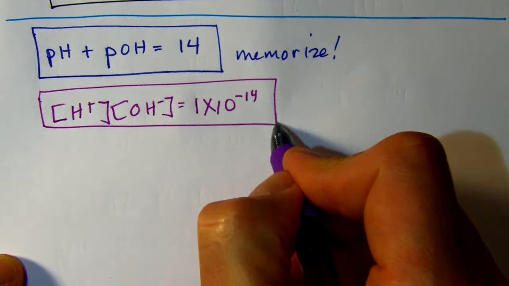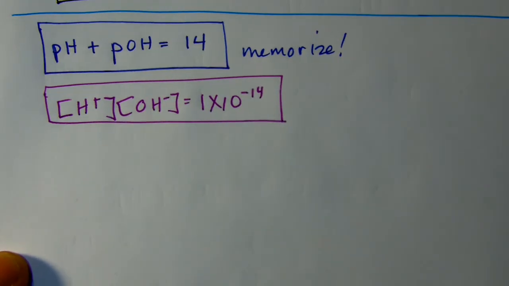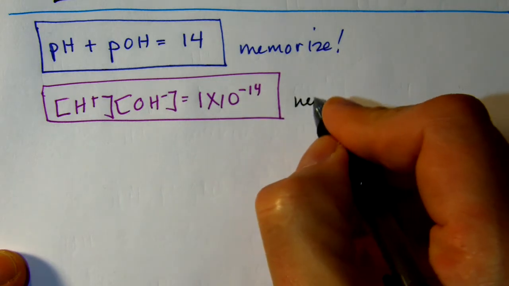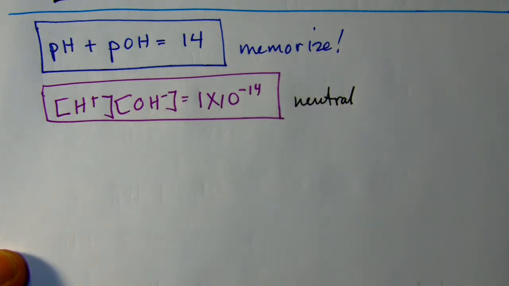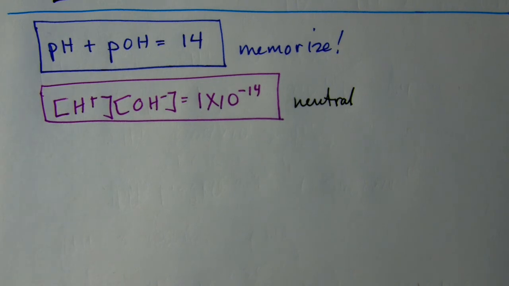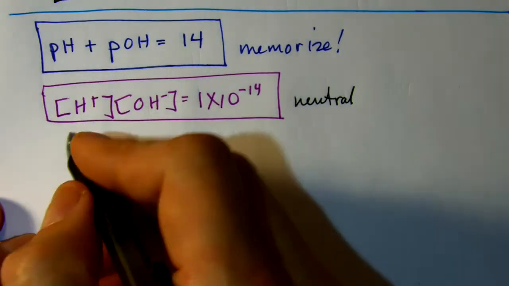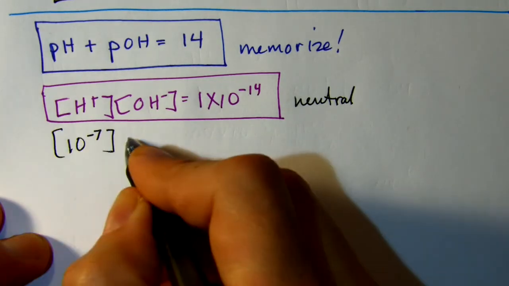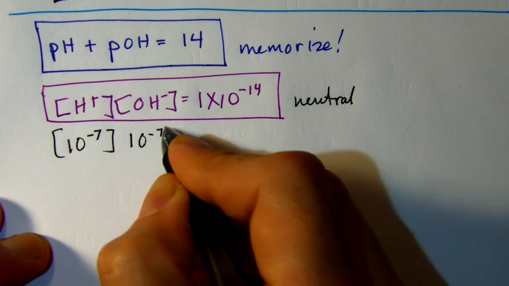And you kind of saw that before. I have to show you. You don't know that you've seen this, but it turns out that this is for neutral water. Okay? And so what happens is 1 times 10 to the negative 7 times 10 to the negative 7.